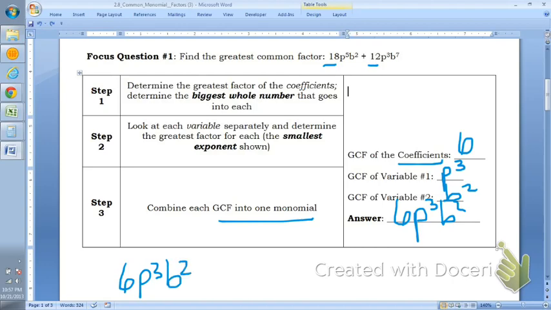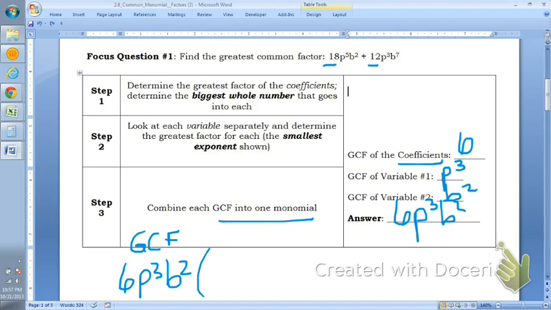That is our greatest common factor. The other factor, or the other term that you would have to multiply to the greatest common factor, is determined by dividing each term by the greatest common factor.